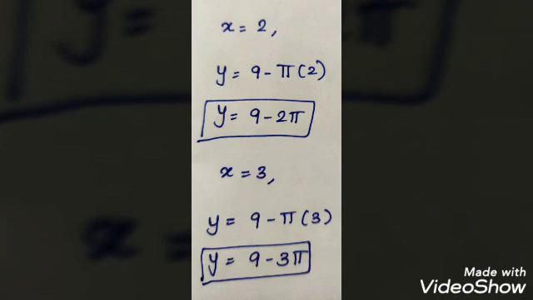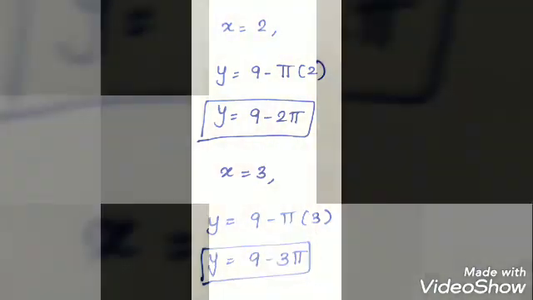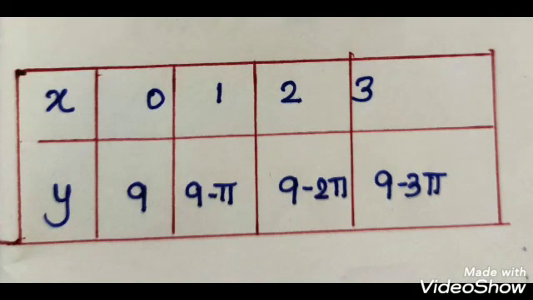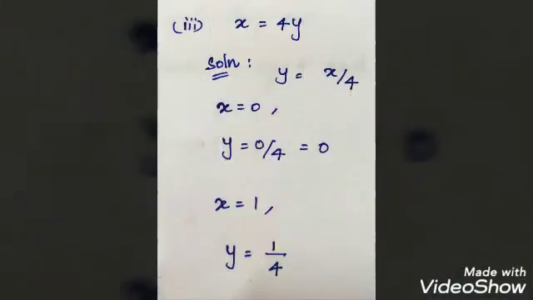Is it clear? So for x equal to 2 and x equal to 3 we are getting the values of y. Now we are tabulating x, y. Substituting 0, we get 9. 1, 9 minus pi. 2, 9 minus 2 pi. 3, 9 minus 3 pi.